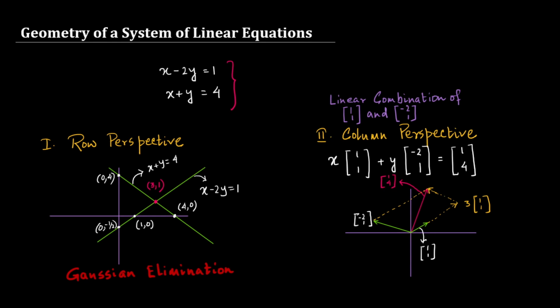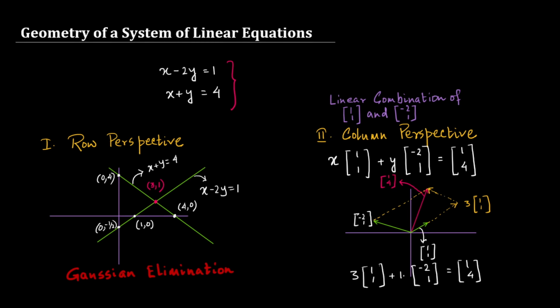That is, if we consider the equation written there, the first vector on the left hand side when multiplied by 3 and added to the second vector on the left hand side, we get the vector on the right hand side. That means 3 into the vector 1, 1 plus 1 into the vector minus 2, 1 is equal to the vector 1, 4, which is algebraically also correct.